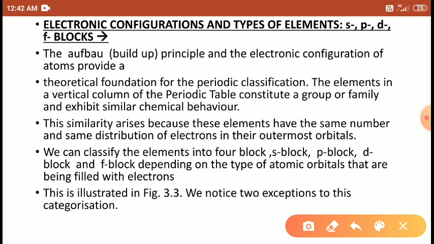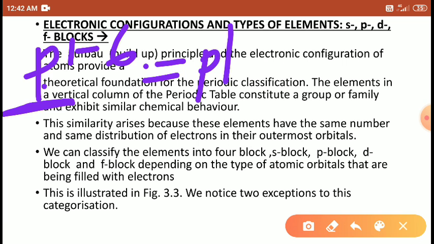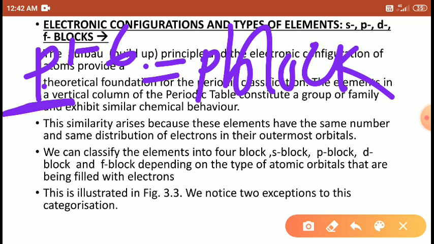If 1 to 6 electrons are present in the outermost p orbital, it is called a p block element.